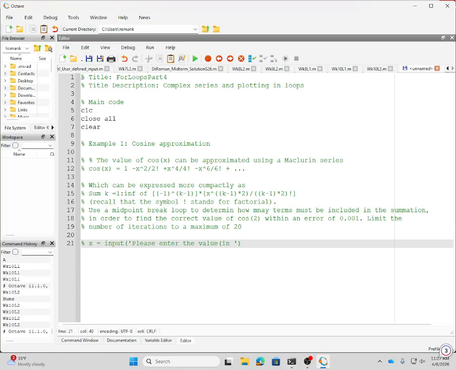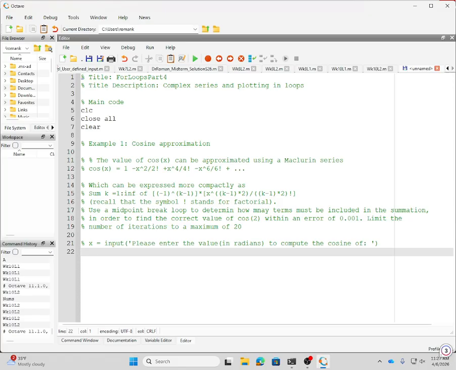Make sure the cos is for radians, cosd is for degrees, remember that. So in radians to compute the cosine of, that's what you are asking the user, right? So far. Then since the problem says don't do the iteration more than 20 times, you define the maximum number of iterations, capital N, as 20.